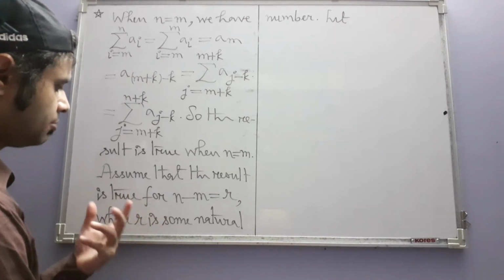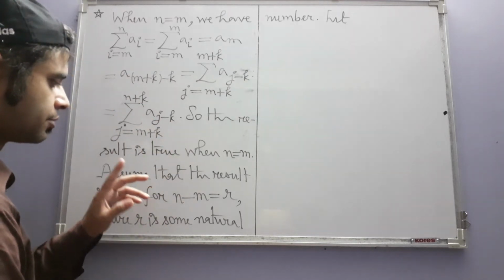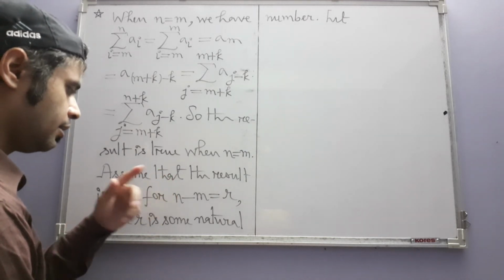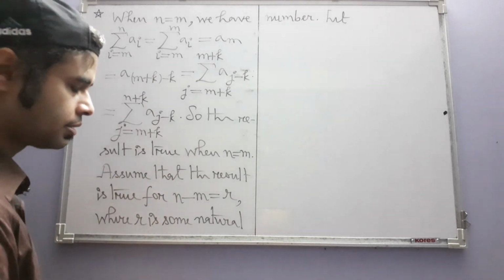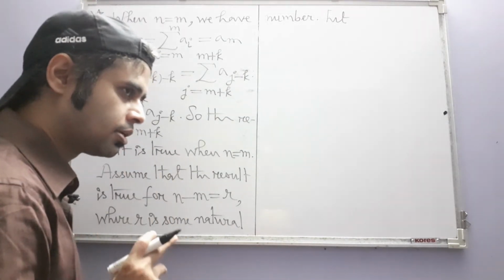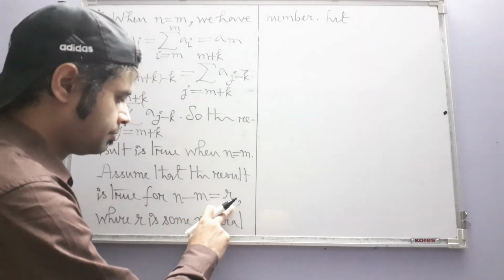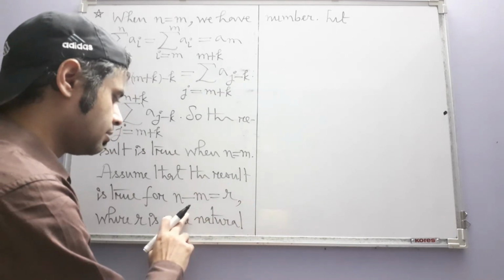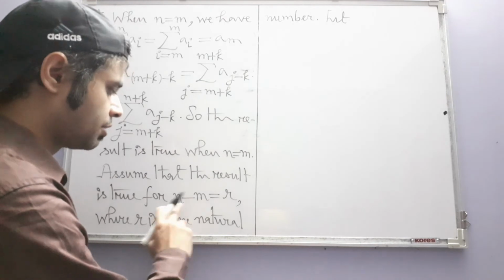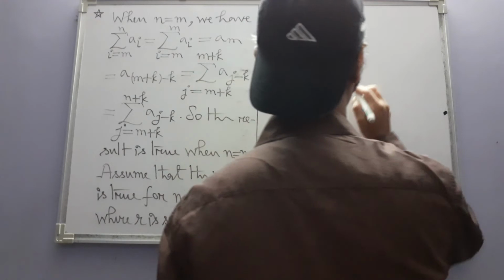What we are assuming here is that the statement is true for n, m and k, where n, m and k are any integers. The only restrictions are n is greater than or equal to m, and in fact n minus m is equal to r. k is any integer and the a_i's are any real numbers where i varies from m to n. Here, however, we need to take a k.